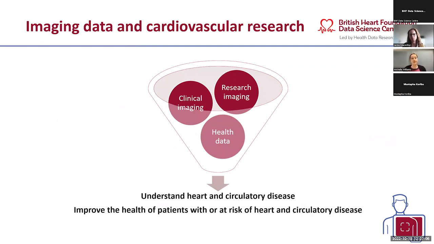So that might be healthcare information, medication use, outcomes, past medical history, other clinical imaging that's been happening, research imaging that's been happening. Combining all this information together, we hope will help us understand heart and circulatory disease in a better way and ultimately improve the health of patients with or at risk of heart and circulatory disease.